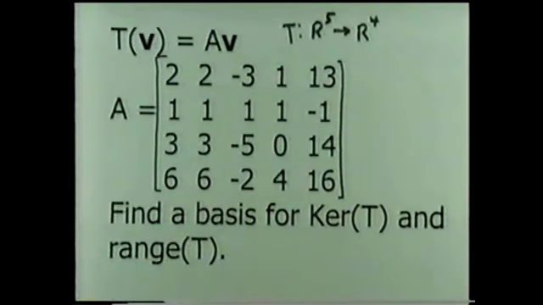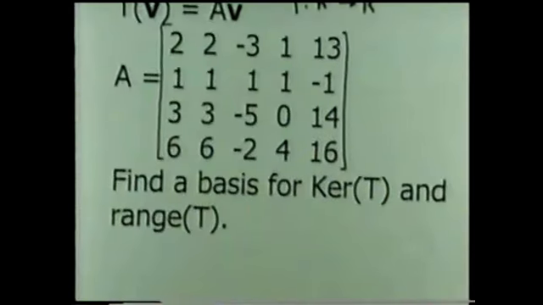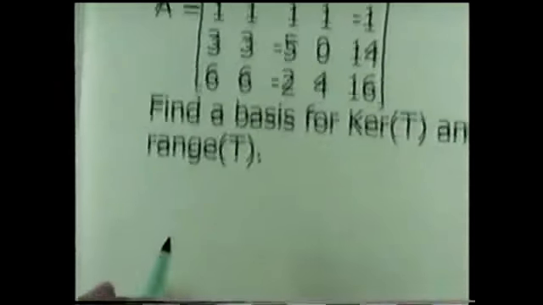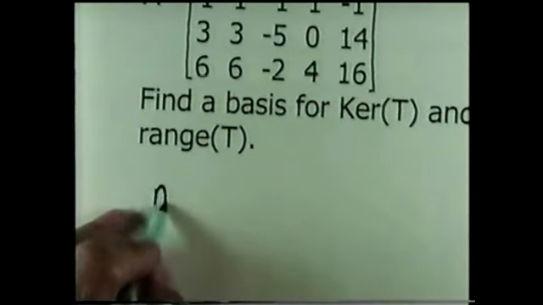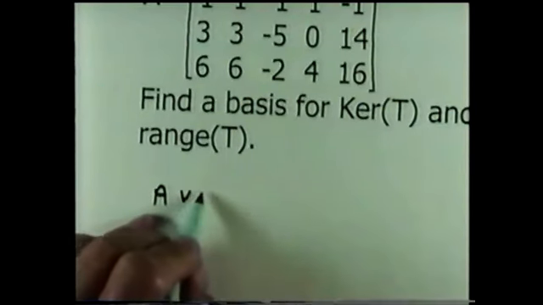Well, for a basis for the kernel of T, we want Av equal to 0.